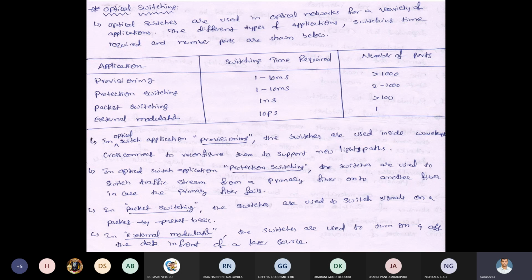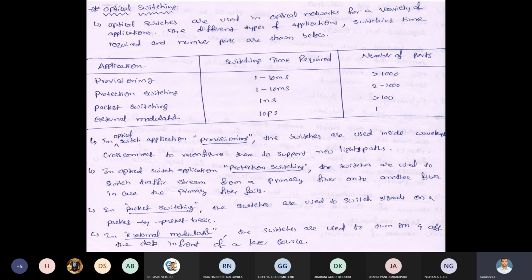Suppose the primary connection is damaged. We go for the alternate path, the secondary path. That is, 2 paths we have to select, primary path and secondary path. We are using only the primary path initially. Whenever it is damaged, we go for the secondary path. That is called protection switching.